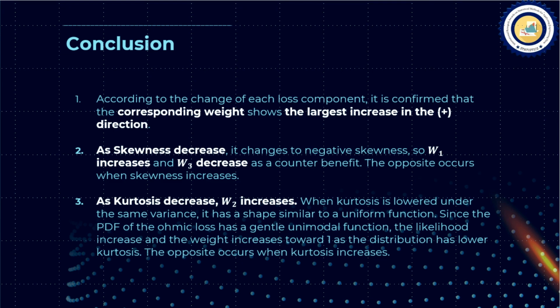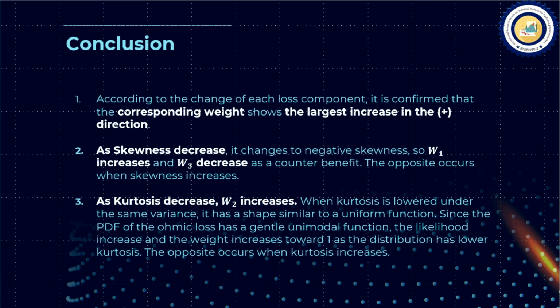And this relationship between skewness and W1, W3 can be used for state identification and can increase the resolution of state estimation. Lastly, as kurtosis decreases, W2 increases. When kurtosis is lowered under the same variance, it has a shape similar to a uniform function.